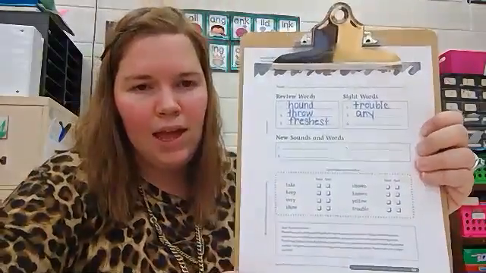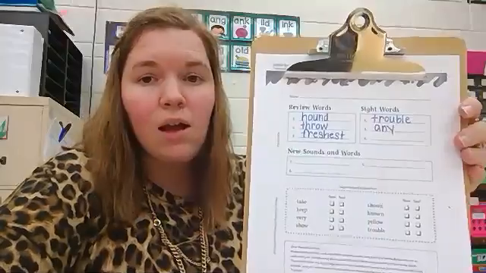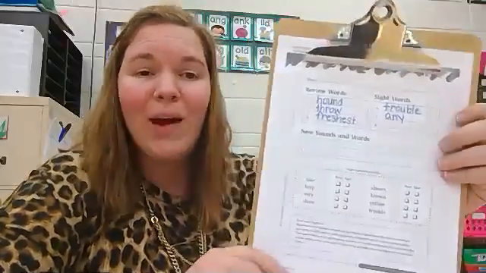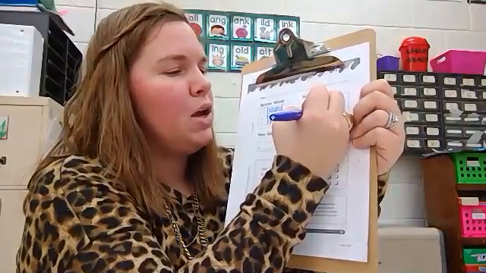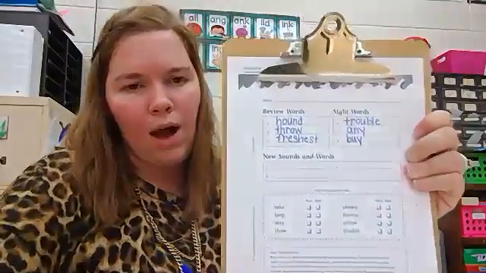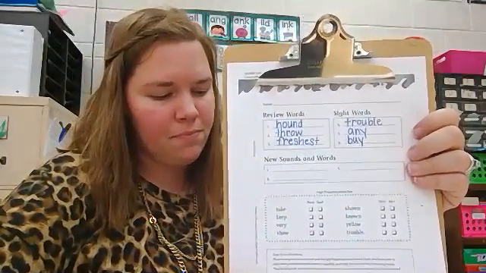A-N-Y. Any. And number 6, let's spell the word buy, like I will buy you a gift. Buy. B-U-Y. Buy. All right, you can set your worksheet aside for a few minutes.